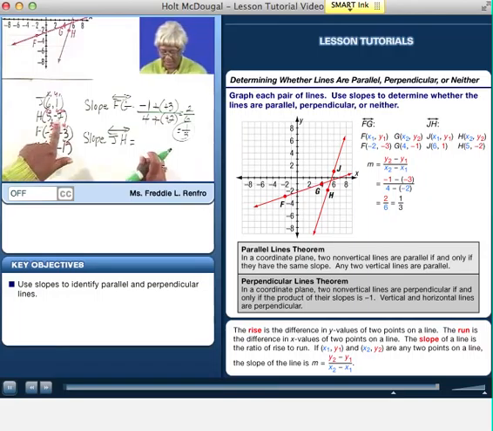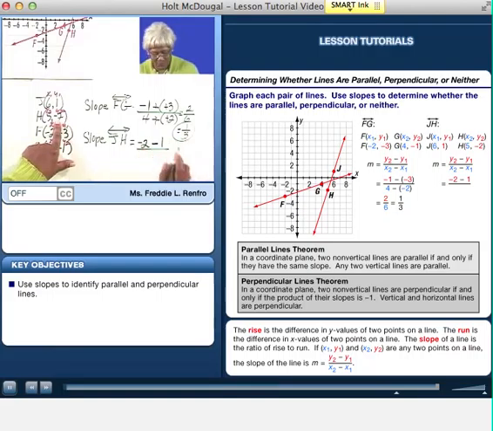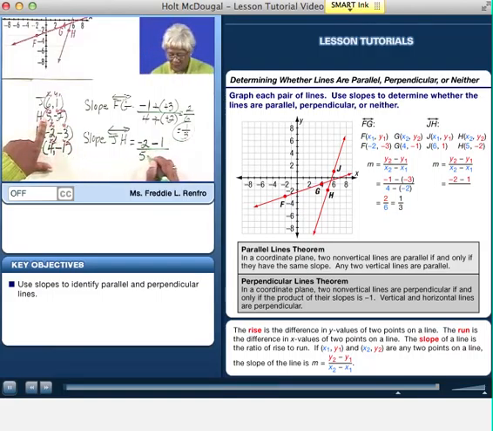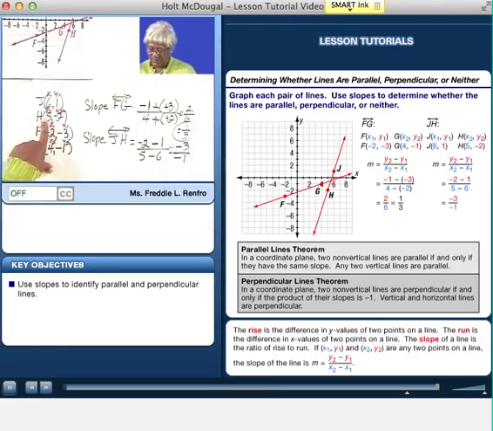All right, let's subtract. -2 minus 1 over 5 minus 6. Okay, what do we get here? -2, remember subtraction, add the opposite. This becomes -3 over -1. And that's equal to a positive 3 over 1, or just 3. Now we have a positive 3 over 1, or 3, for the slope of JH.